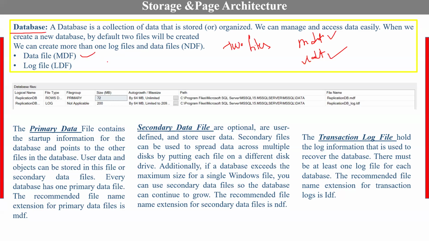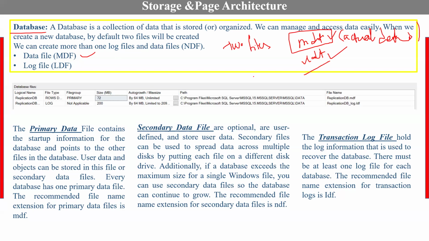You can call it a primary data file, a master data file, or a data file; whatever name you are comfortable with. Where your actual data is stored is the MDF file. So when you create any database, two files are created internally: one is a data file, one is a log file.